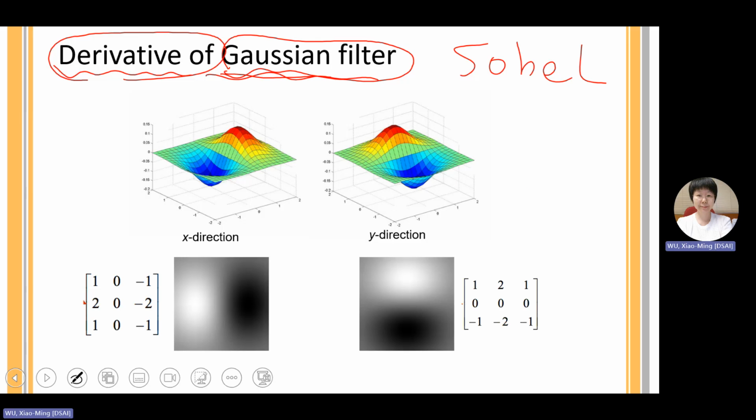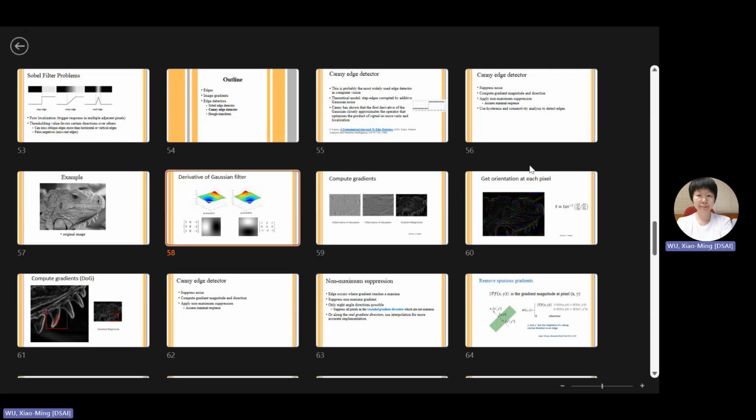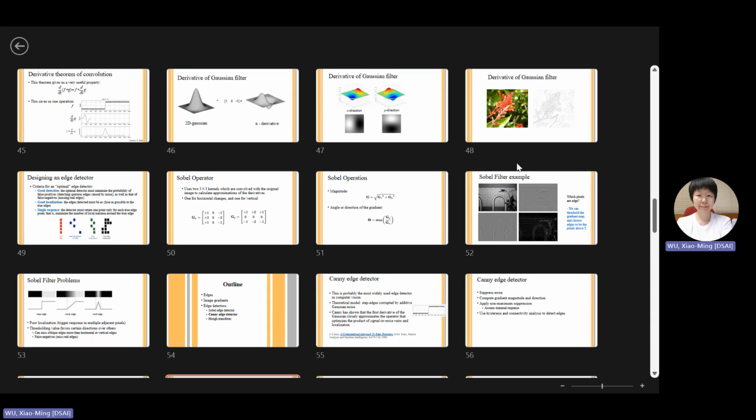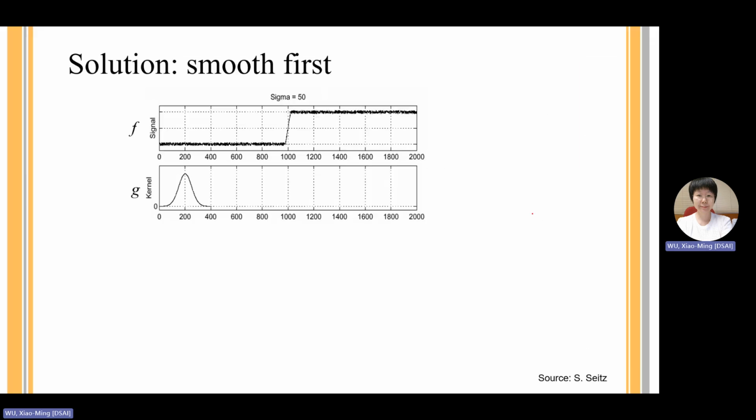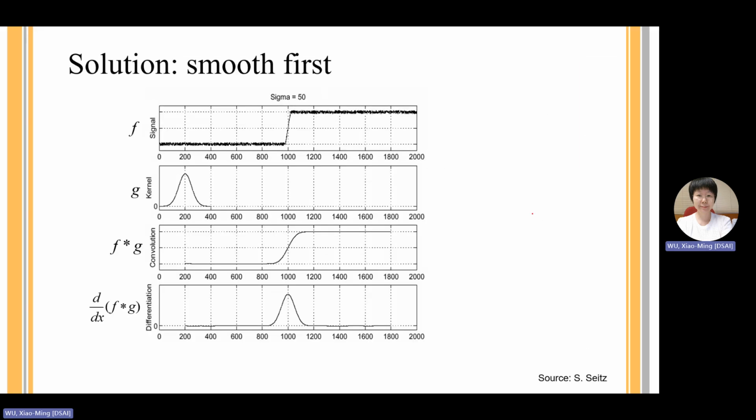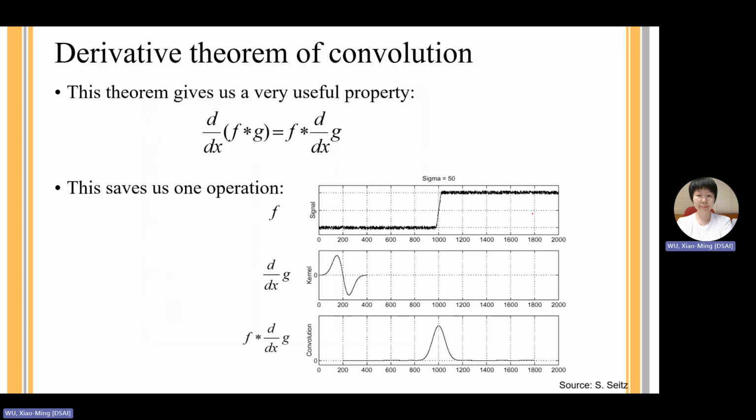As we introduced last week, we want to smooth first and then take the derivative, because natural images often come with noise.